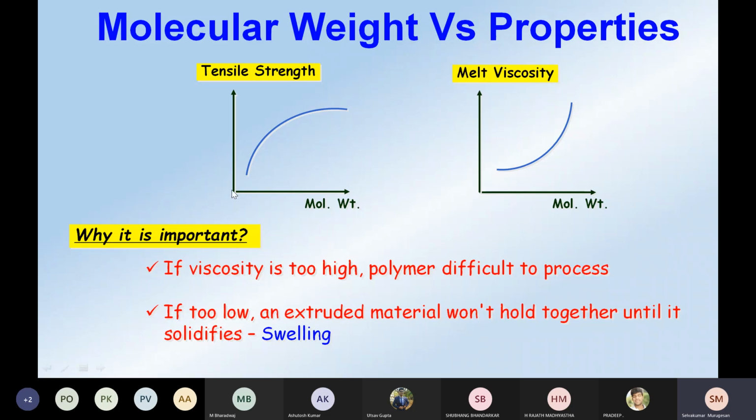So it's not that every time you increase the molecular weight you improve the properties. It's not like that. You should have an optimum molecular weight with an optimum melt viscosity to get rid of those processing issues as well as product finishing issues.